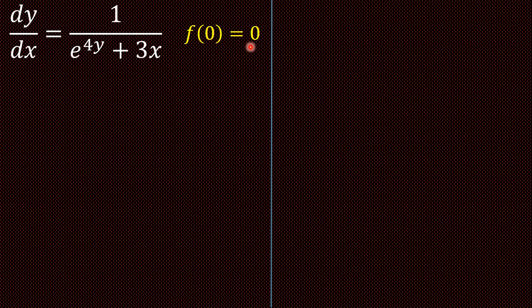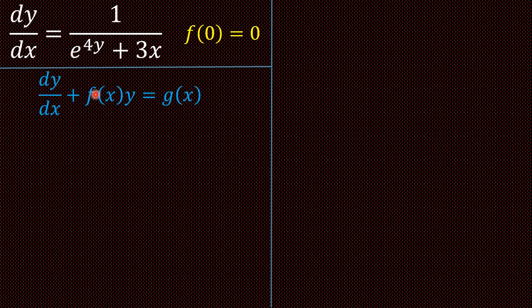Great. So friends, let's start with our problem today. According to this differential equation, the best form in which we always want to solve almost all our differential equations is dy/dx plus f of x times y equals g of x, where f of x is a function of x, y remains y, and g of x is also a function of x.